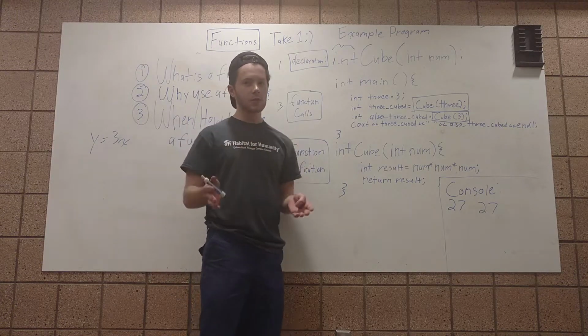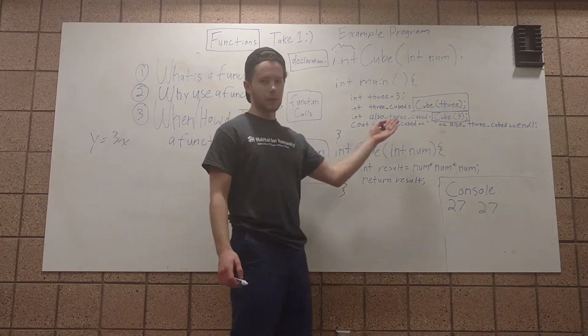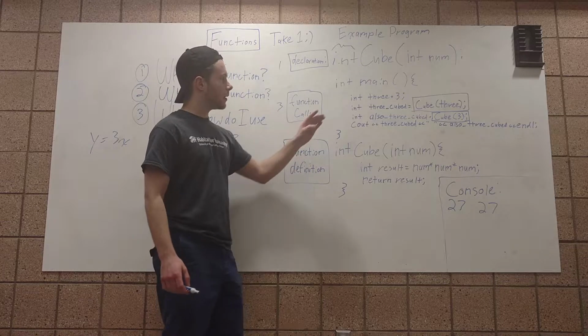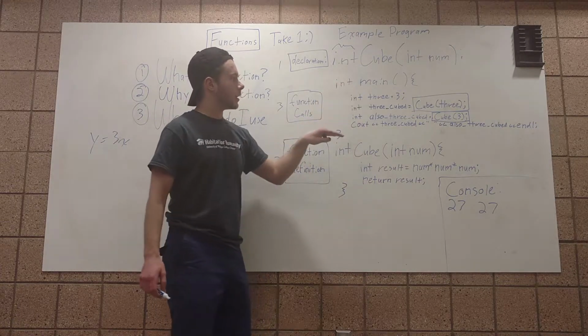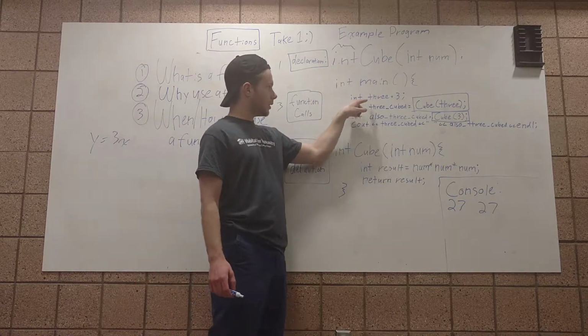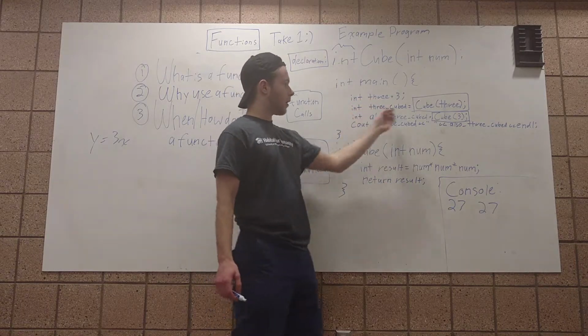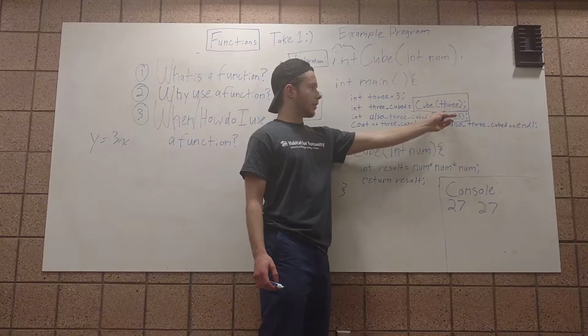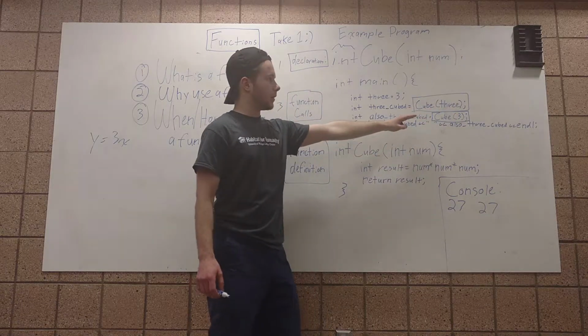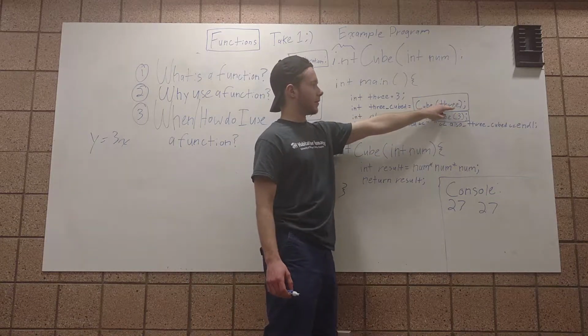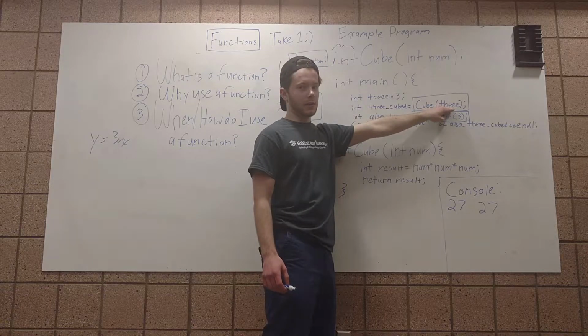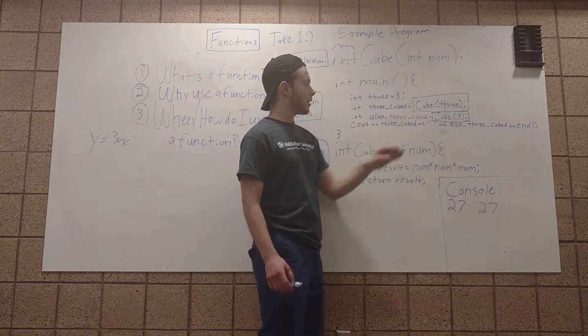Now, if we actually want to use the function, we're going to have to call the function in a function call. So if I was in main and I declared a variable named threeCubed, and then I called the function cube(3). This is how you call the function. This is inputting the value of 3 into the function cube.